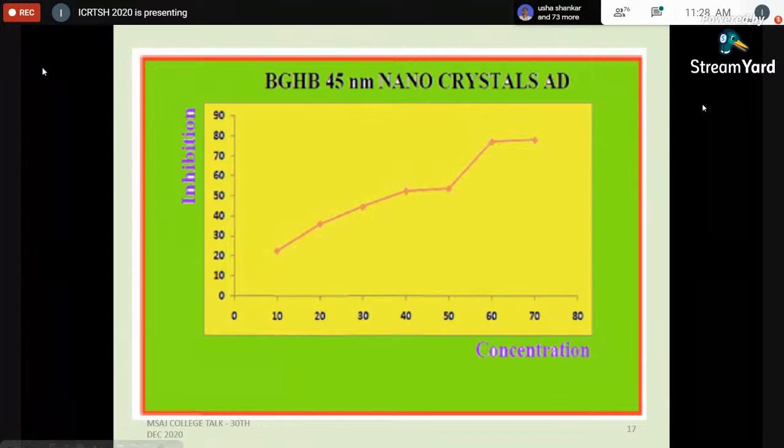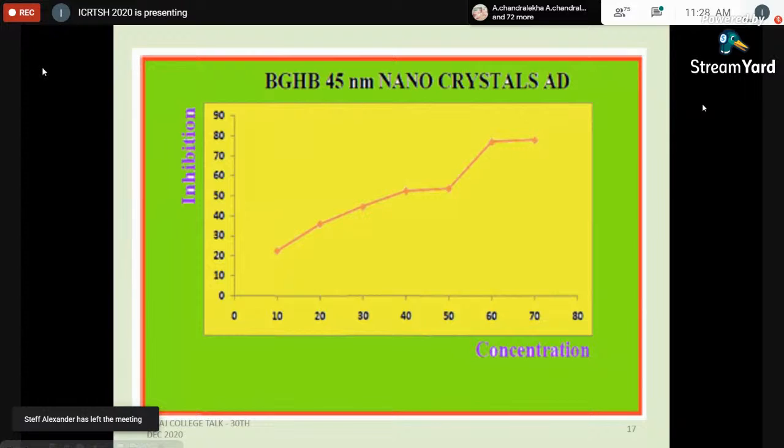So these are the two main points. The IC50 value for macro scale is more than for nanoscale, but a lower IC50 value is preferred for anti-diabetic property or this type of drug analysis. So nanoscale is generally preferred. Next slide, please.